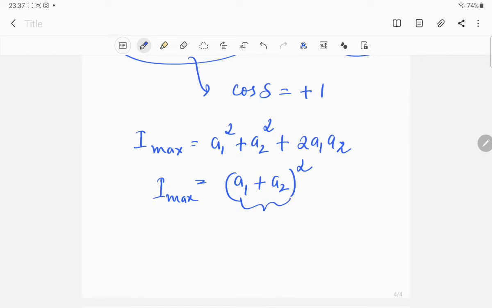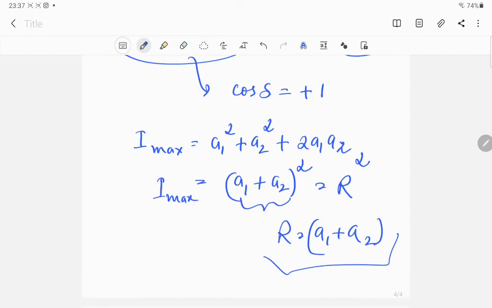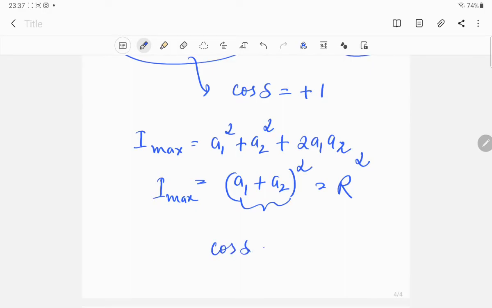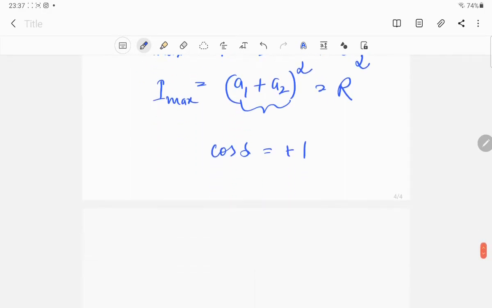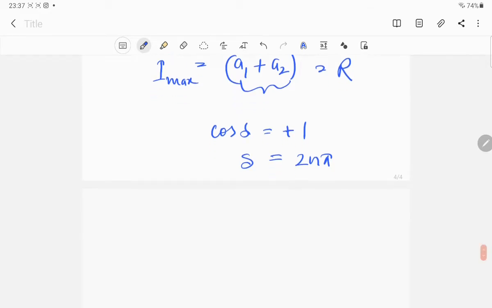Okay, so it is nothing but R square, isn't it? So R is equal to A1 plus A2. So this is constructive. Fine. So cos delta equal to +1 means delta is equal to, you know how much? Twice n pi.